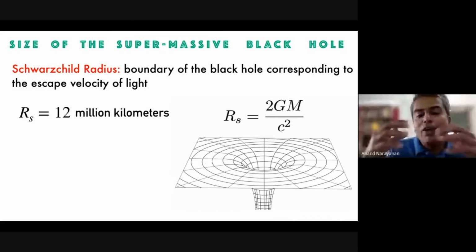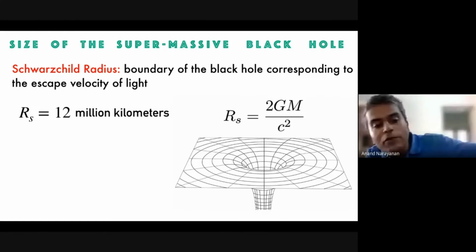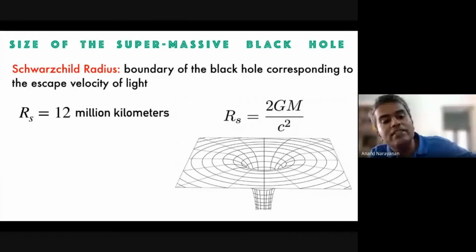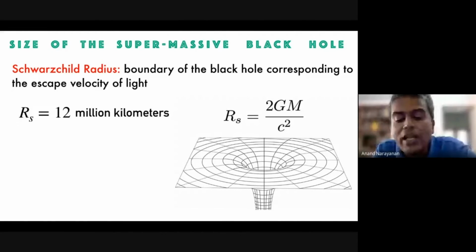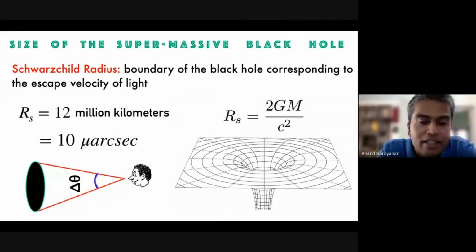So this black hole's event horizon is very, very small, and this kind of size object, if you keep it at a distance of 27,000 light years, which is how far away the center of the galaxy is from us, its angular size is going to be 10 micro arc second. And the kind of observations that they did with the VLT telescope and the Keck telescope does not have the angular resolution to see the event horizon or material which is very close to the event horizon of the supermassive black hole.